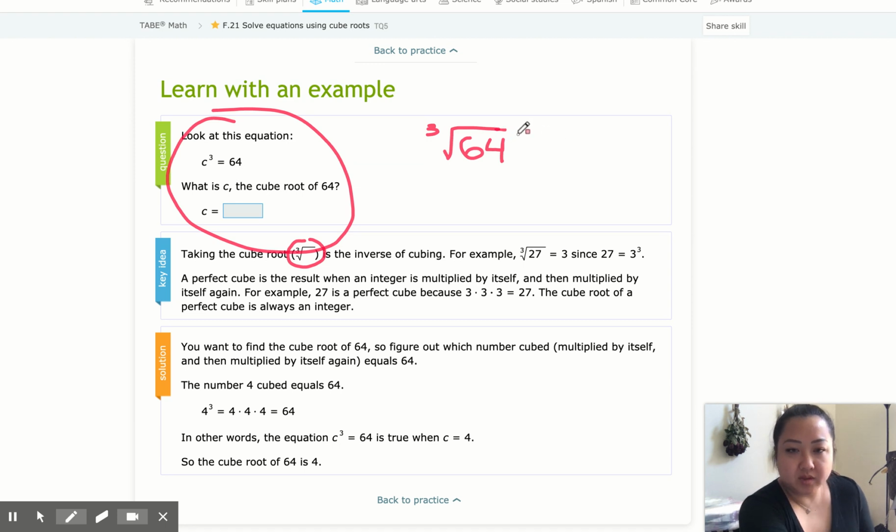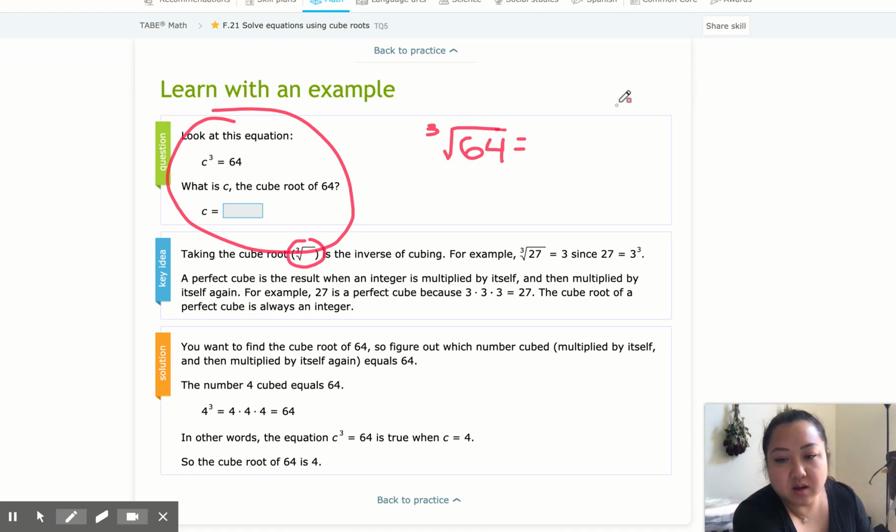And then ways to solve this. Well, you need to figure out what number times itself 3 times will give you 64, right? So if that's something that you need to work on, well, that's okay, because all you need to really do is just break it down, all right?